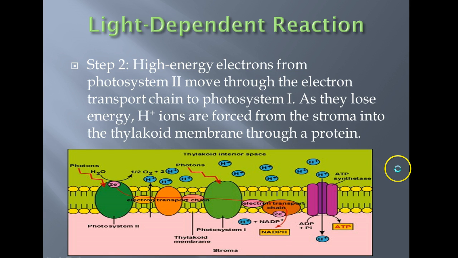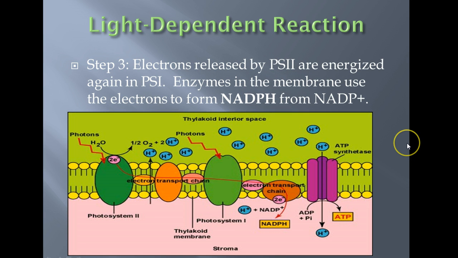Step 2. Step 3. The electrons that were released here by photosystem 2 are energized again in photosystem 1. So we took those electrons that we took off of that water, and we add light energy there, and they get sort of a second wind in photosystem 1. Enzymes in that membrane took the material out of the stroma, put it into the thylakoid membranes, and then we're going to use those electrons to form NADPH from NADP+.